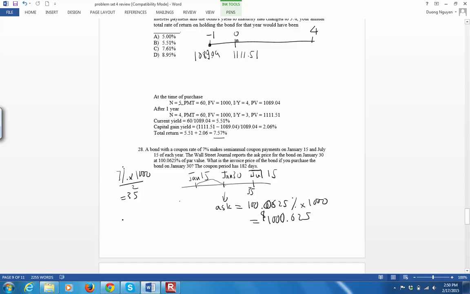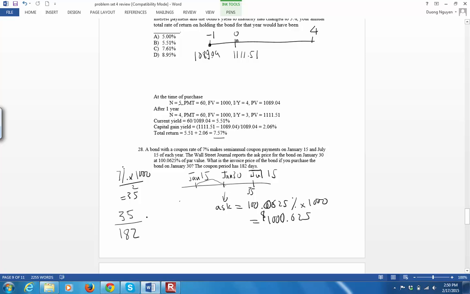That coupon payment would be equal to $35 for 182 days, which is 6 months. When you divide 35 by 182 days, you get the coupon payment for 1 day.